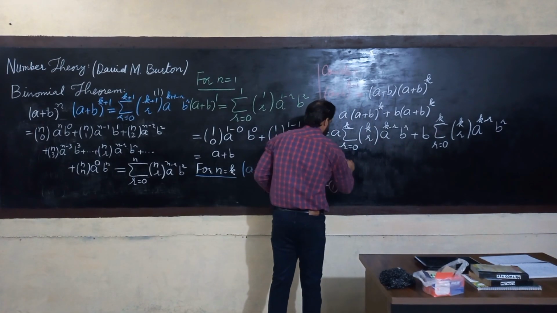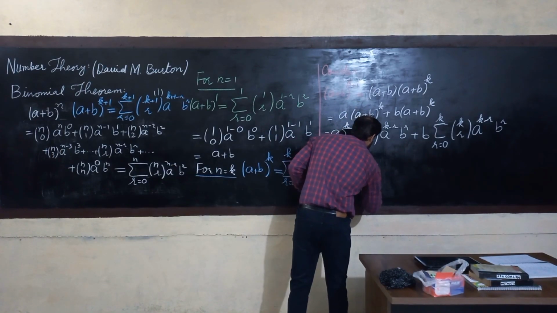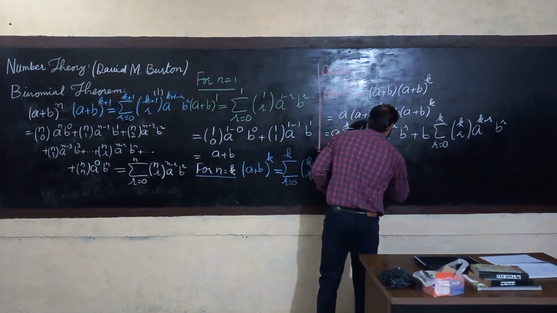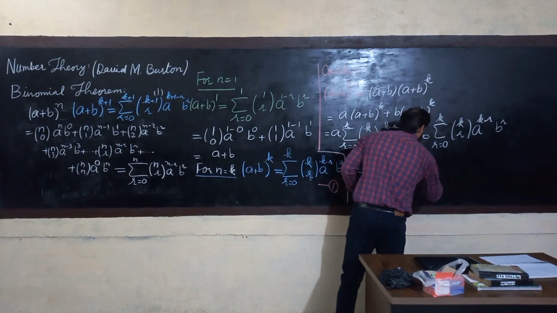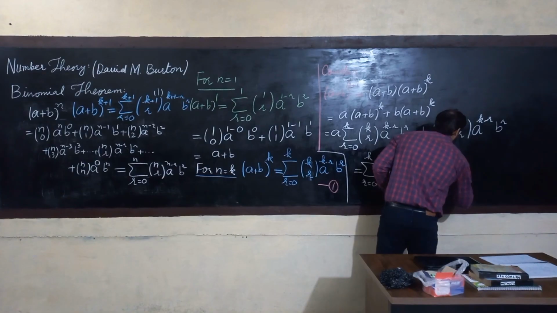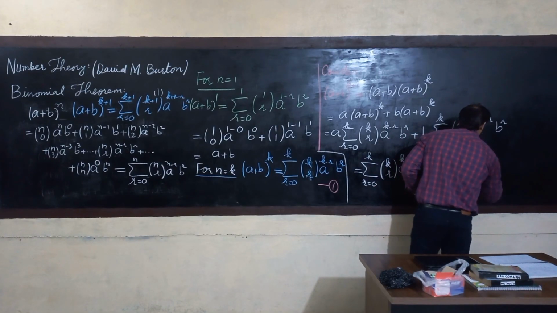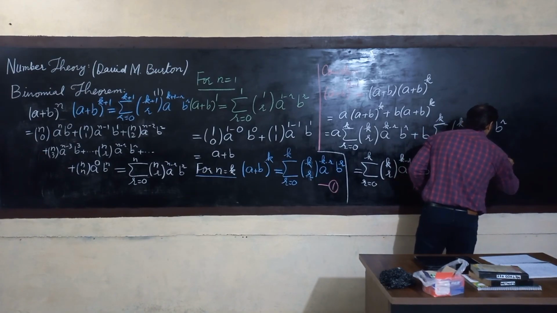We have summation r is equal to 0 to k, k choose r a raised to power k minus r plus 1 b raised to power r, plus summation r is equal to 0 to k, k choose r a raised to power k minus r b raised to power r plus 1. Suppose this is expression 2.